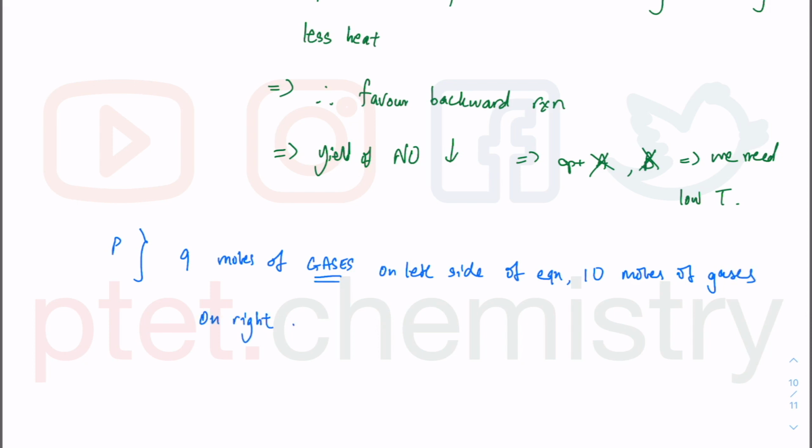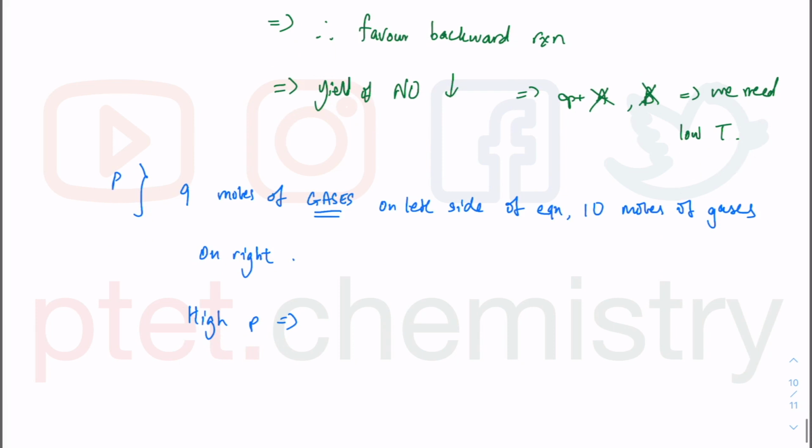So looking at options C and D, let's say we have high pressure. Again, we consider one way first, and then if it is wrong, then the other one must be what we want for the high yield of NO. So high pressure, so what would the system try to do? The system tries to reduce the pressure. How would it do that? Remember I said more molecules of gas, greater pressure, fewer molecules of gas, lower pressure.